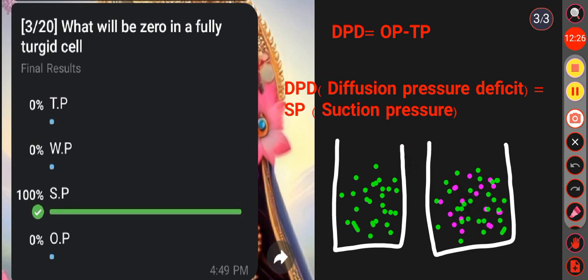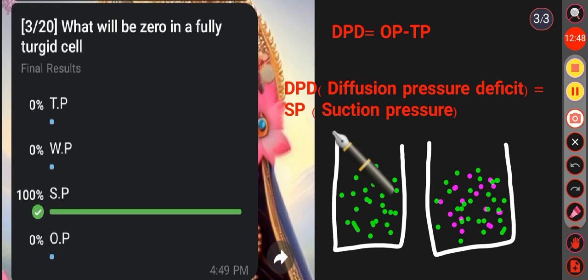Therefore, DPD can also be called suction pressure. Right? So again, here due to the presence of sugar in water, the diffusion pressure is lower than in its pure form, that is, the pure form of the water.